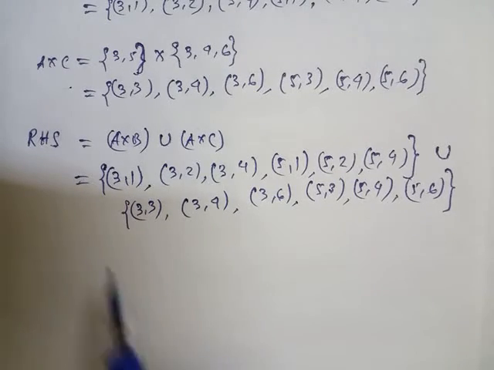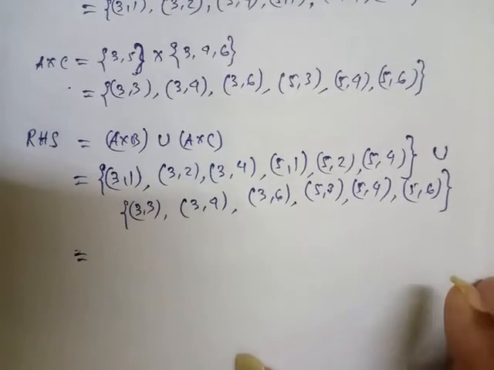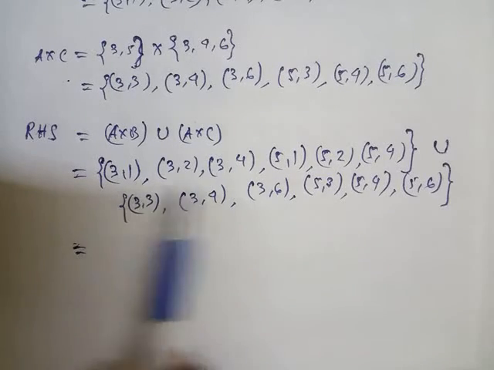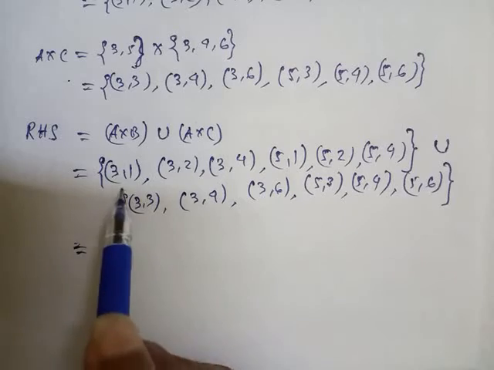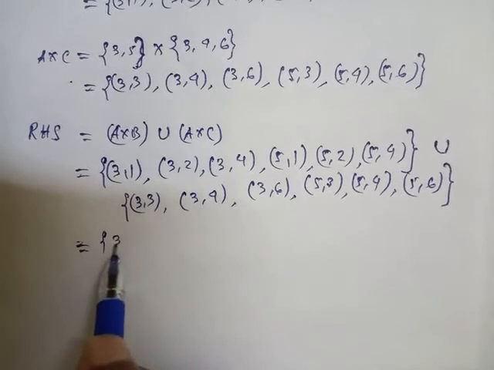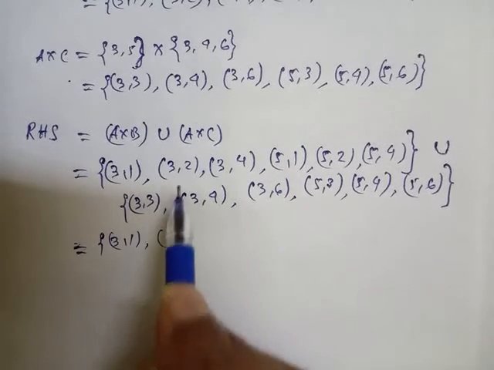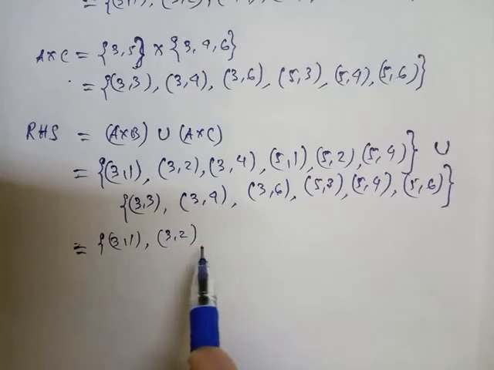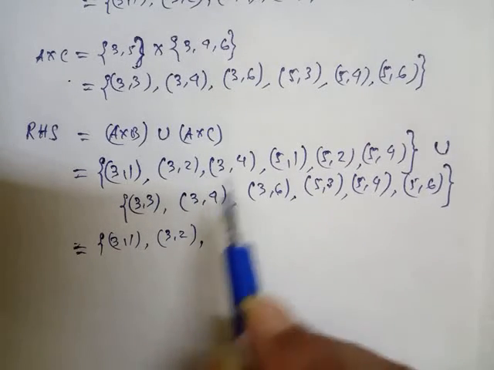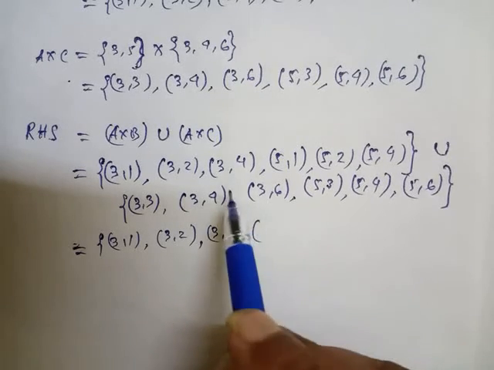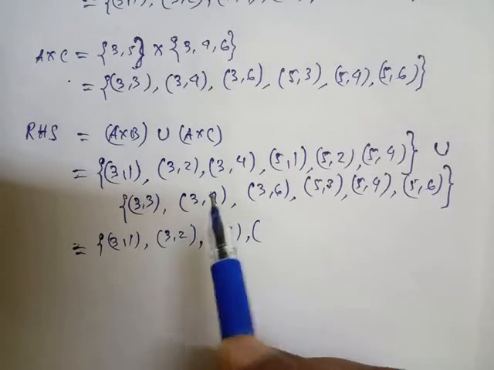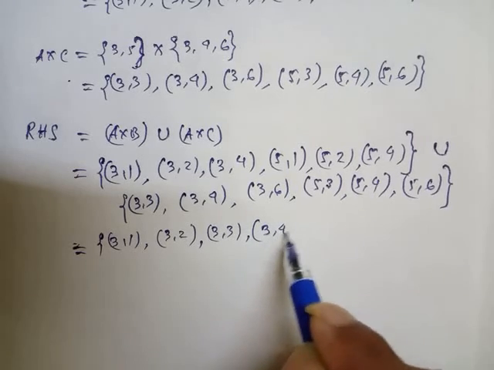Now students, we'll go for the union. As I already said, union means all together values we'll put here, but the common values will be one time. So first one we'll write here 3 comma 1, then 3 comma 2, then 3 comma 3, then look here 3 comma 4 and 3 comma 4 two times, so we'll write only one time here 3 comma 4.